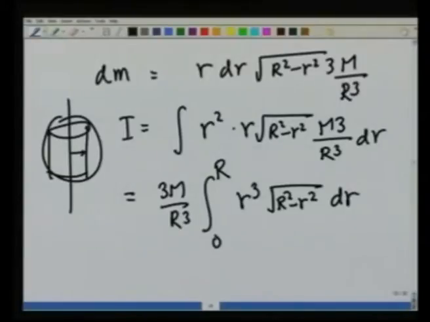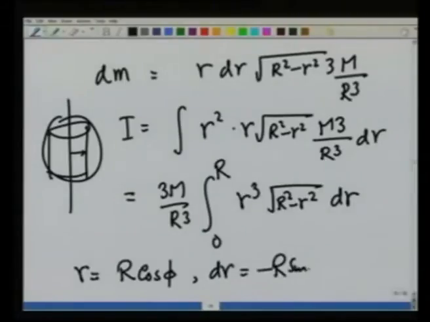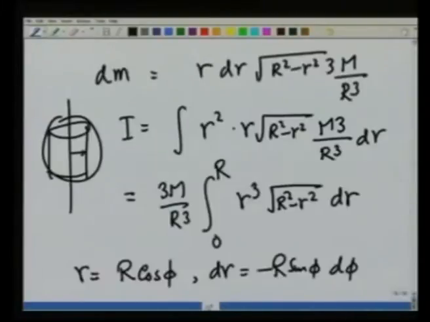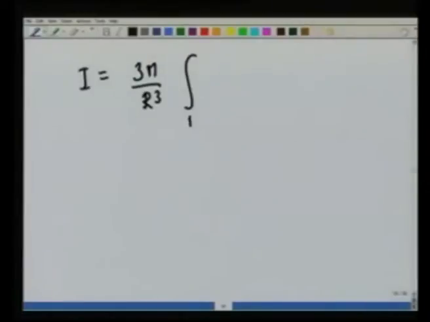To evaluate this integral, again I use r is equal to R cosine of phi, so that dr is equal to minus R sine of phi d phi, and limits are going to be from 0 to pi by 2. So, substituting, I am going to get I equals 3m over R cubed integral, at r equal to 0 it is pi by 2, to 0.